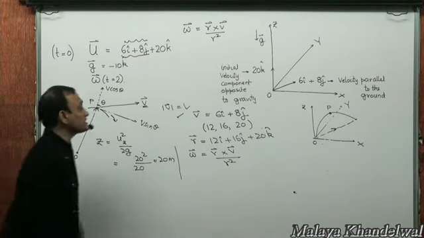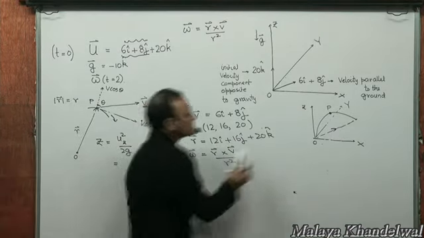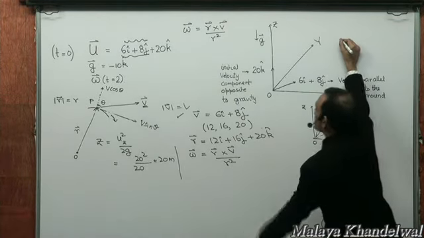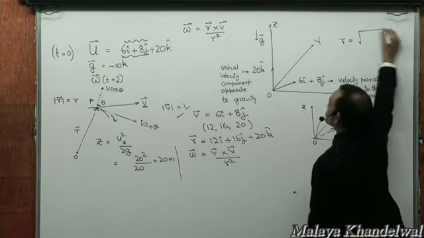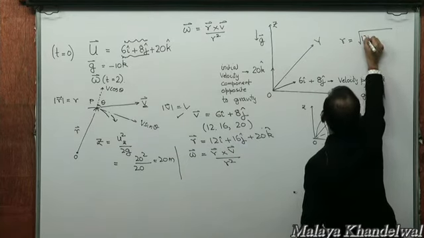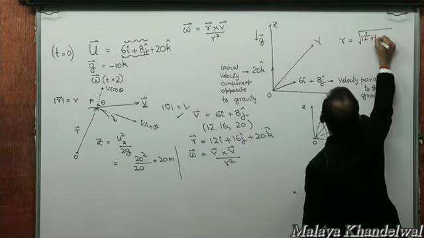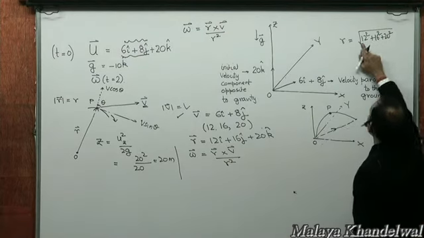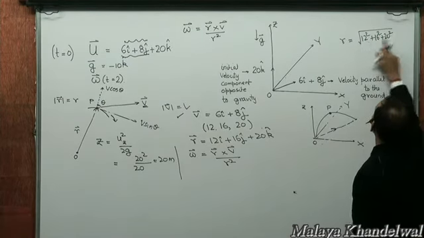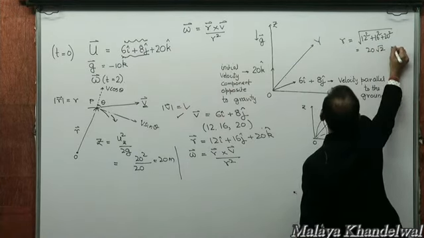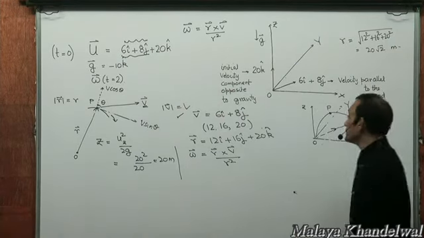What's the magnitude of this position vector? r is going to be root of 12 squared plus 16 squared plus 20 squared. So this is 144 plus 256, 400, plus 400. That makes it 20 root 2.